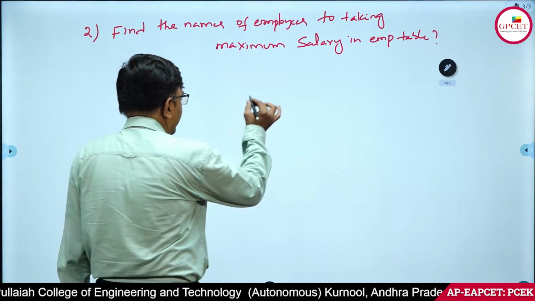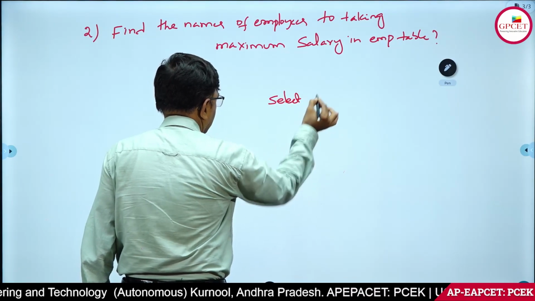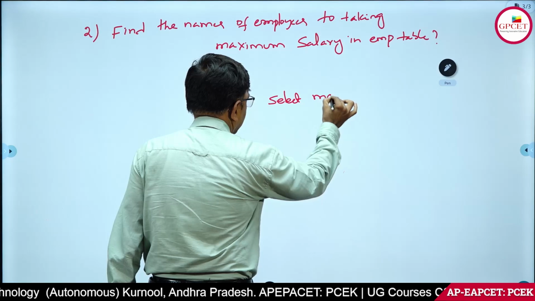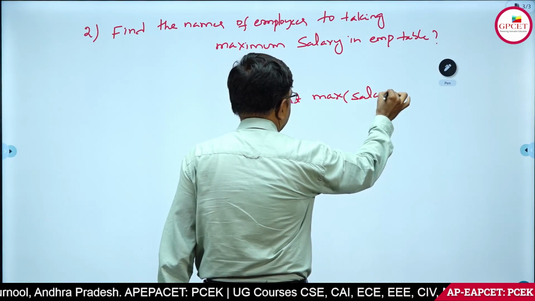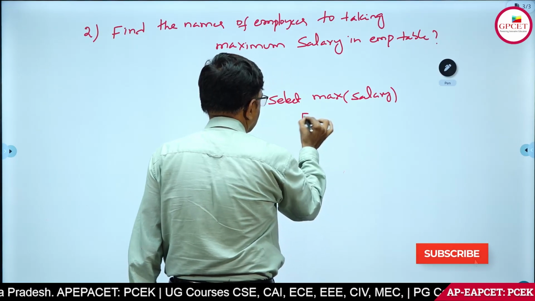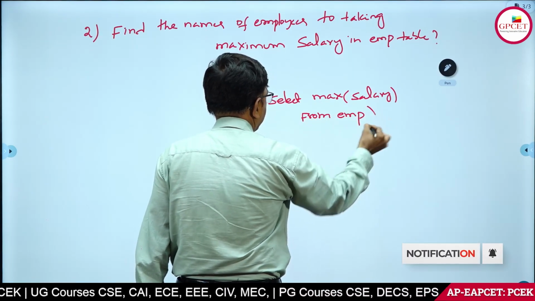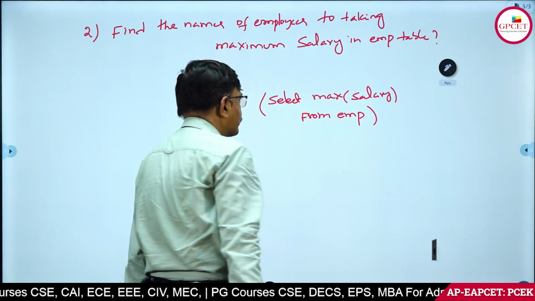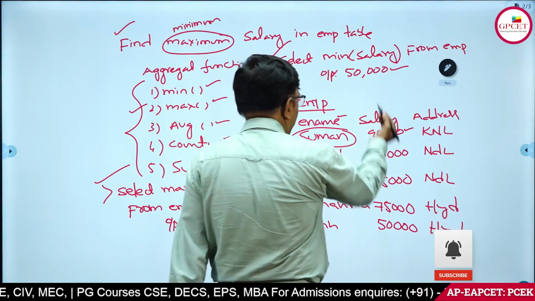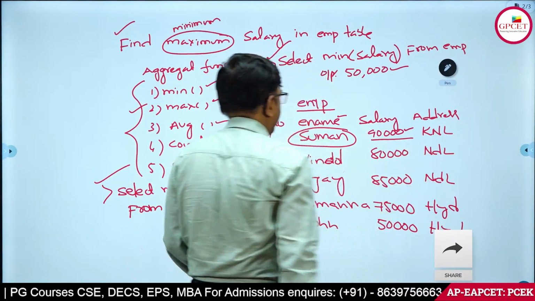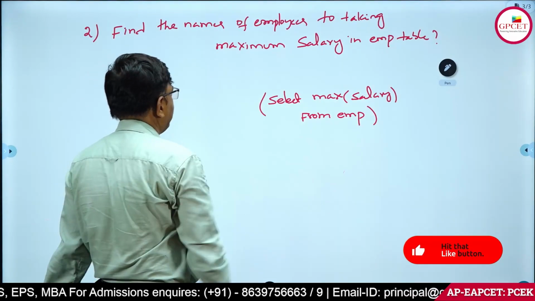Observe here, what is the query? First is select max of salary from EMP. That finds the maximum salary, 90,000. But the question asks for the employee name.